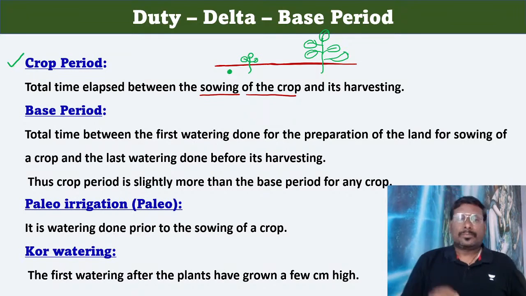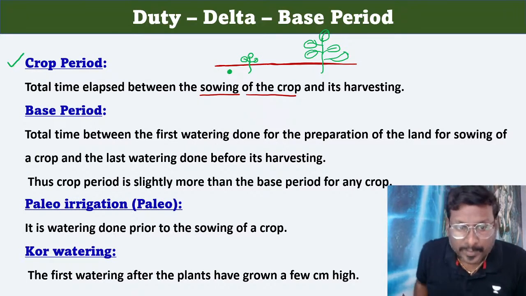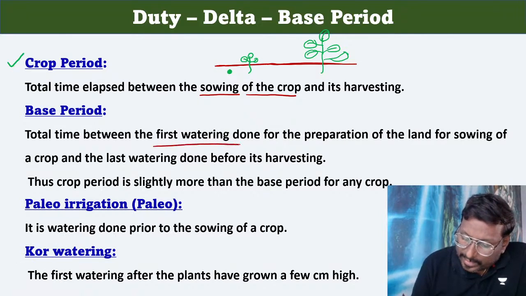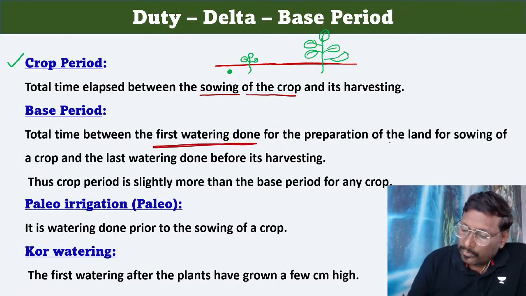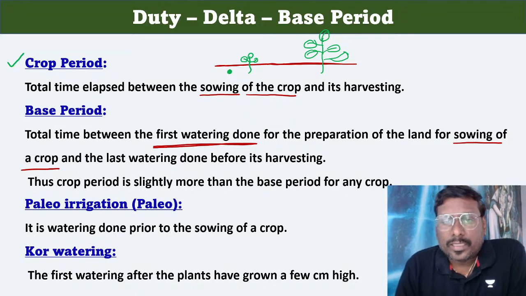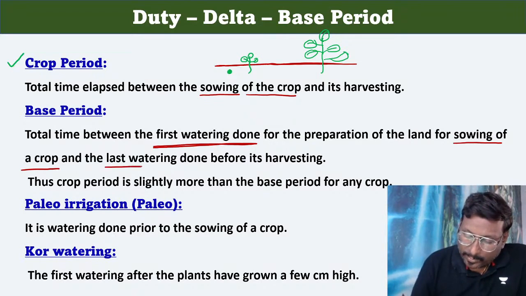Then, what is base period? The time between the first watering done for the preparation of land for sowing of a crop and the last watering done before its harvesting.